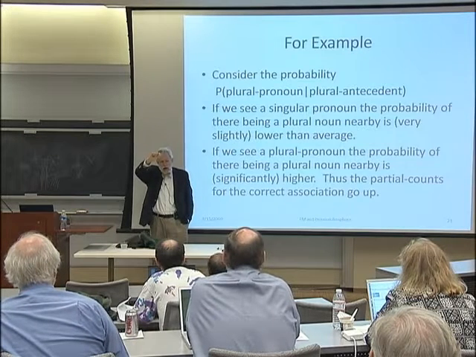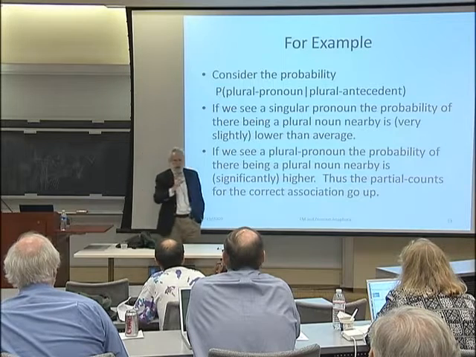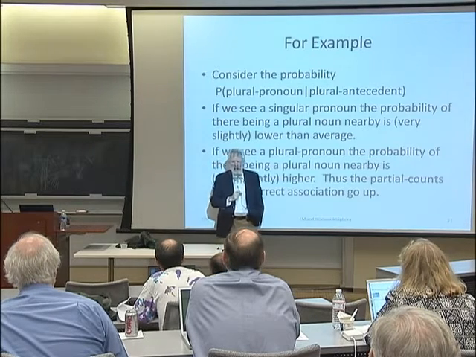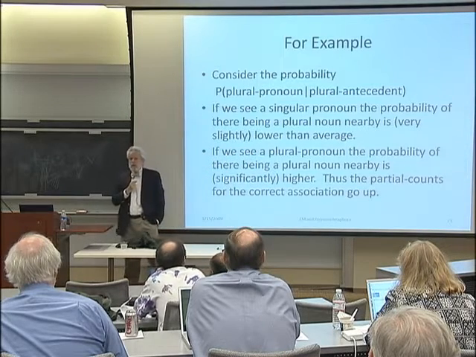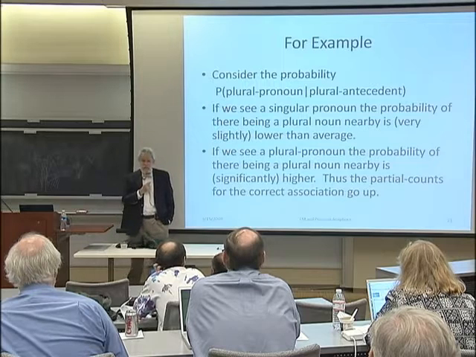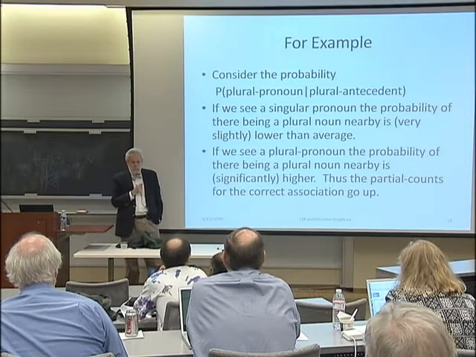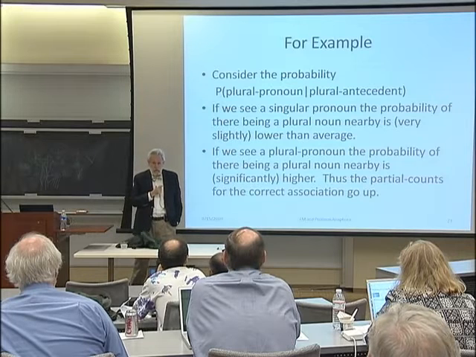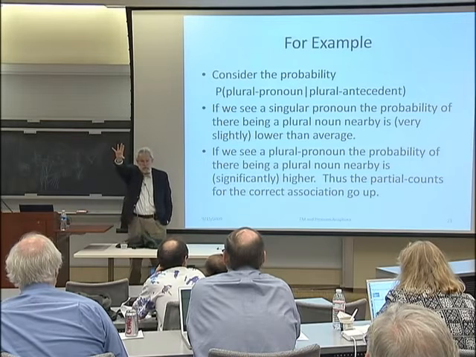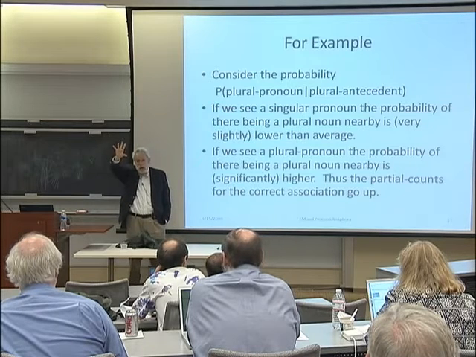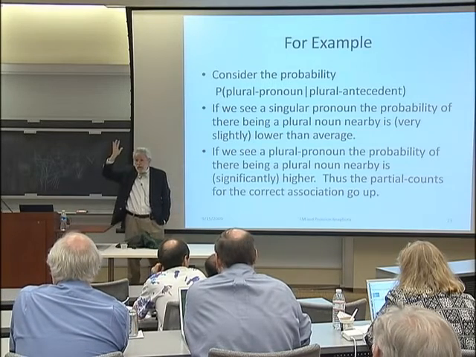And I look back at all the noun phrases in this and the previous two sentences, and I ask, what is the probability that any one of them is going to be singular? Contrast that with the case where I don't have a pronoun here. Or I have a pronoun, but I don't know if it's singular, I don't know if it's plural, I don't know what it is, just anything.